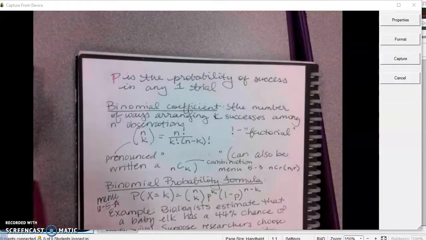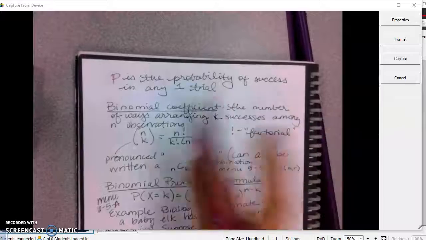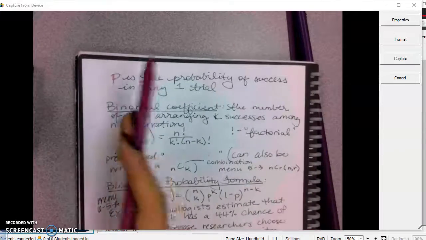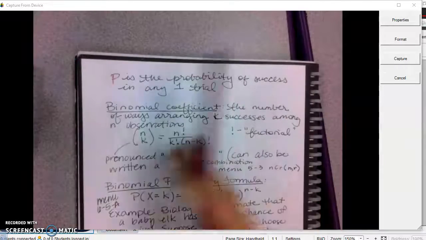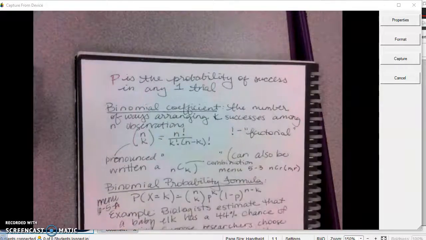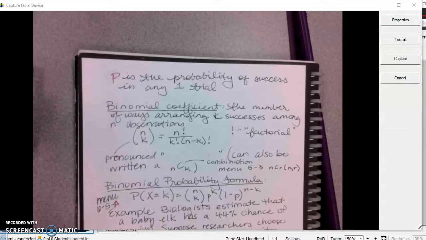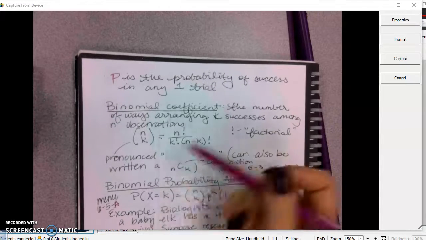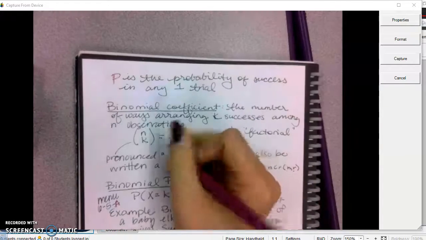But if you had 2 heads out of 5 flips, then you could have them both in a row, or you could have them the first and the last. So this is how we figure out how many different ways you could get that number of successes. So you say n choose k, is how you pronounce it.